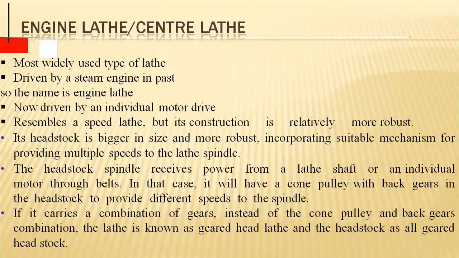The headstock spindle receives power from the lathe shaft or an individual motor through belts, which transfer the power from the generated stage to the spindle, which holds the workpiece, to commence the speed.